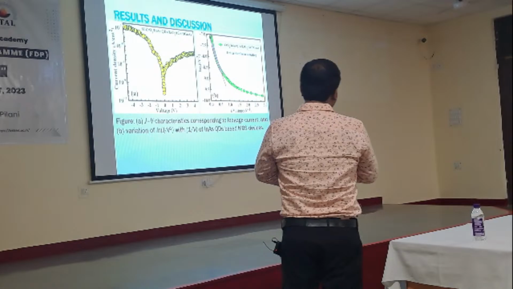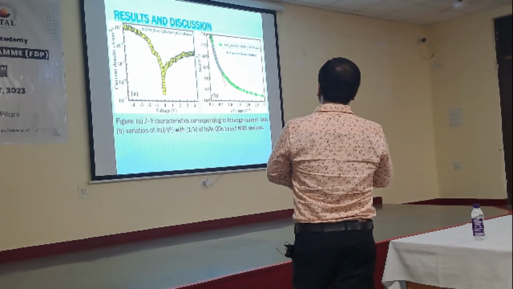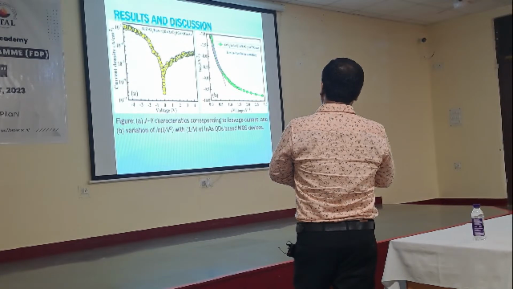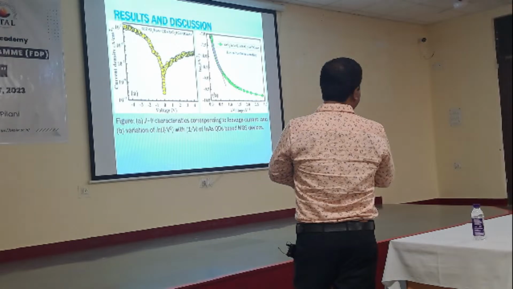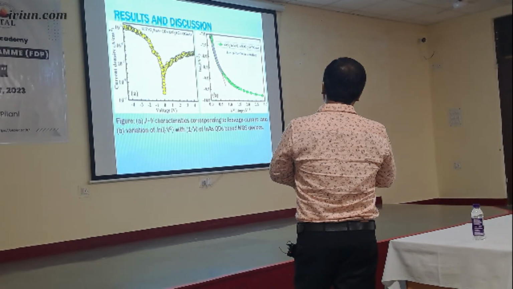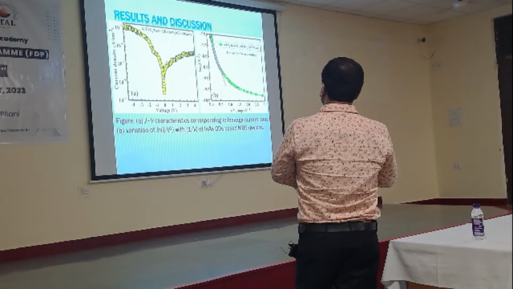Now these are the devices where indium arsenide quantum dots are present. This is the leakage current-voltage characteristic, and this is the corresponding log J-V. As per Fowler-Nordheim tunneling, a very sharp decay is there. Here from 0.5 to 1.5 volts, you can see it also follows the Fowler-Nordheim tunneling mechanism.